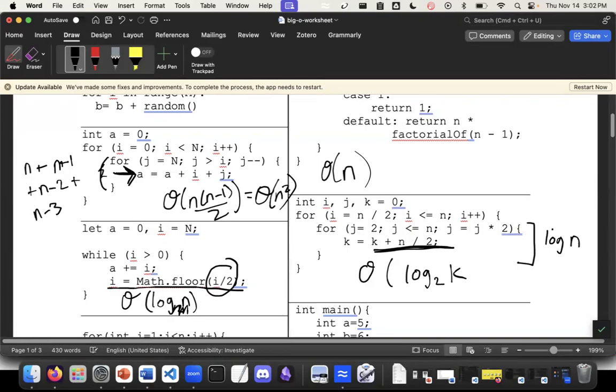And then when we're looking at nested loops, how many times does the outer loop happen? Yeah, and so when we've got this, we multiply. And so it ends up being n log n.